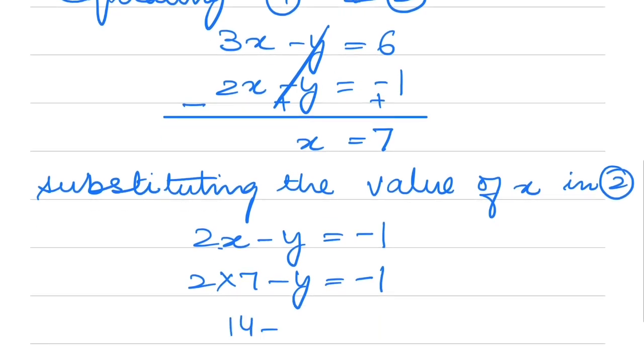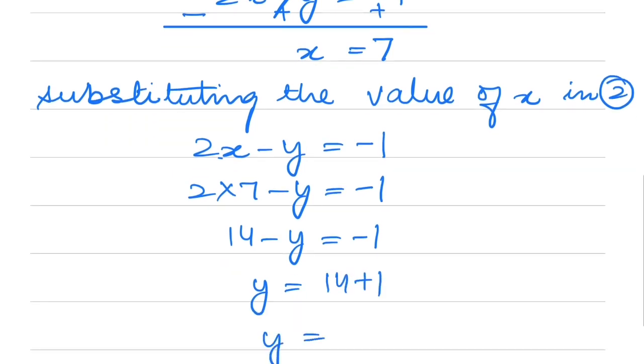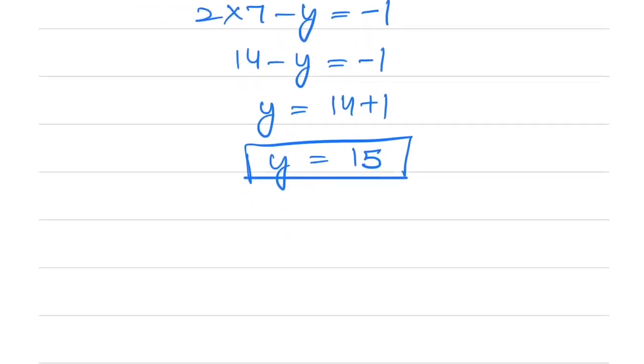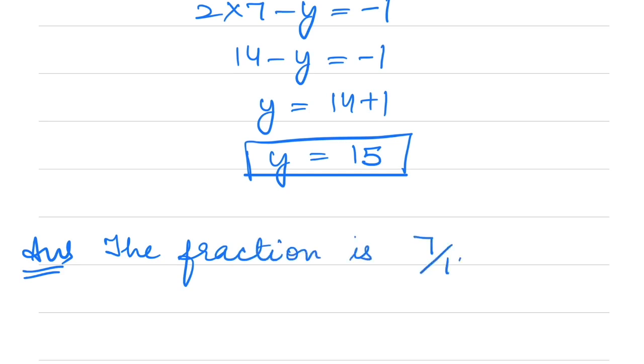So 14 minus y is equal to minus 1. y is equal to 14 plus 1. So y is equal to 15. We got x as 7 and y as 15. So the answer, the fraction, is 7 by 15.